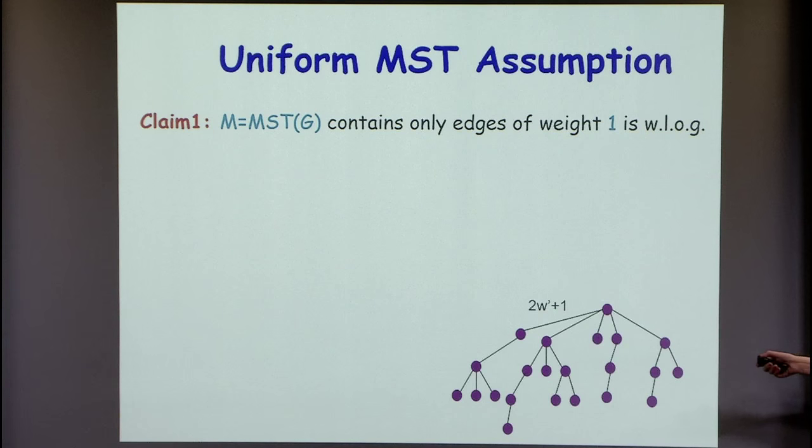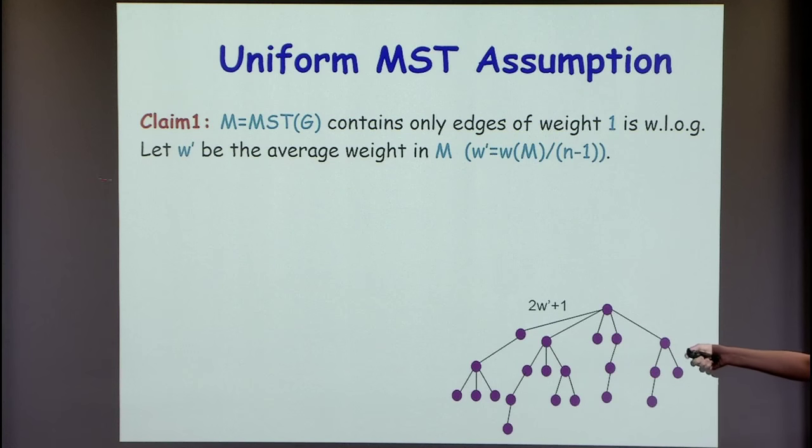Okay, so let's say this is the weight of the MST. And let's define W prime to be the average weight in the MST. So that's just the sum of the weights in the MST divided by n minus 1.